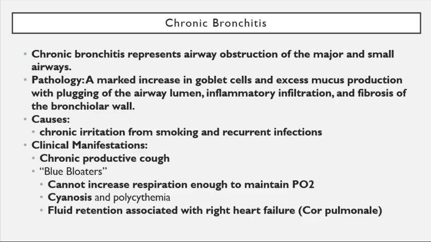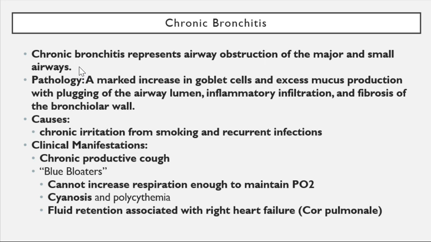And that contrasts to chronic bronchitis. We'll talk about the blue bloaters, but this is chronic inflammation of the bronchioles. It represents airway obstruction of the major and small airways.